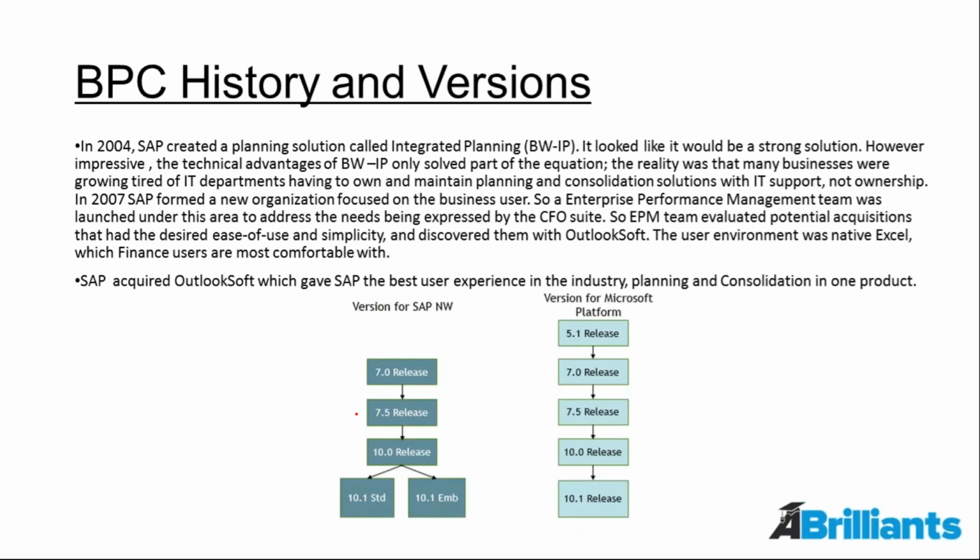So the first version, 5.1, was released, but it was not for NetWeaver, it was only for the Microsoft platform. That means only for non-SAP customers who are not using ECC.